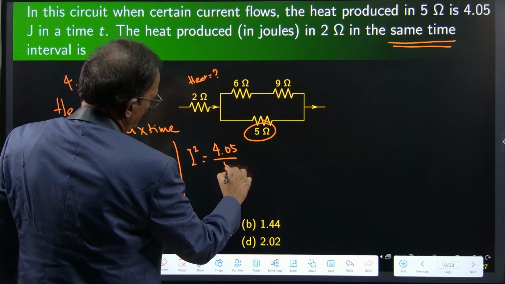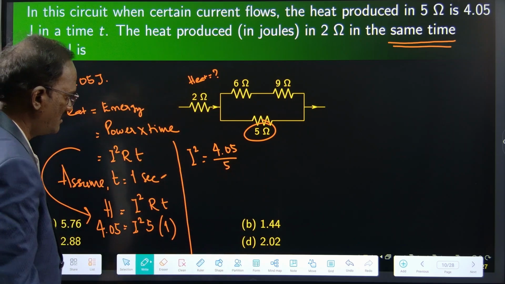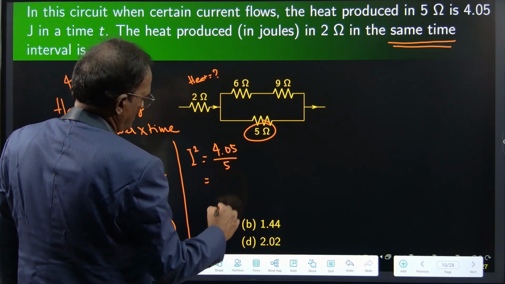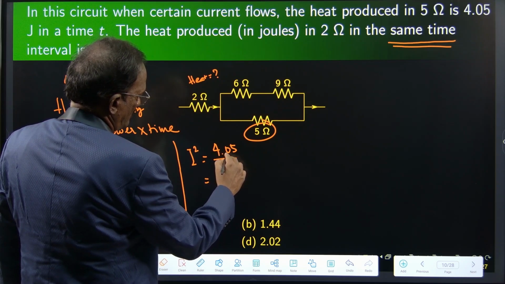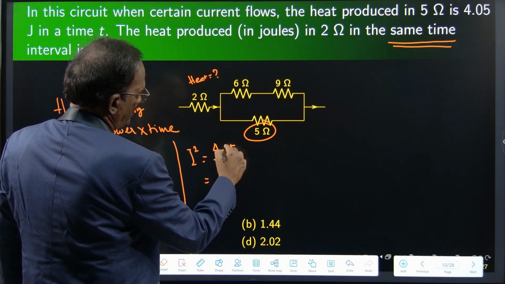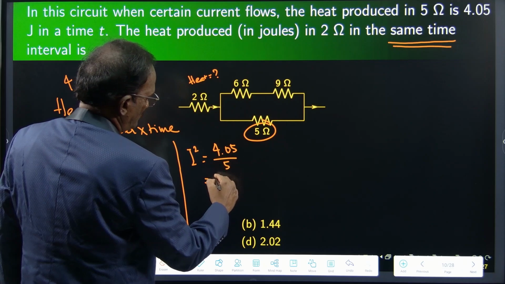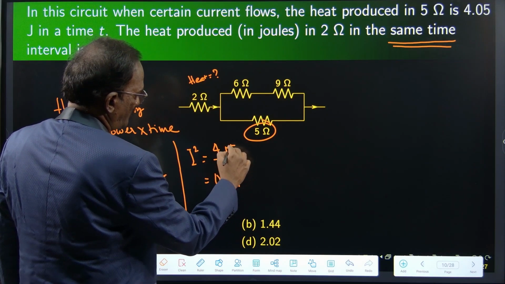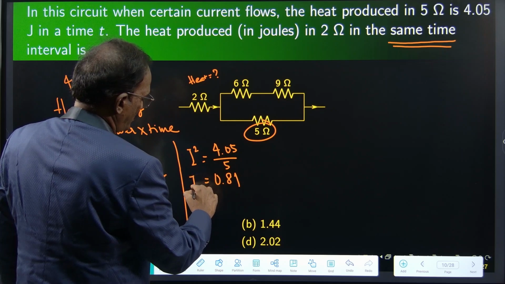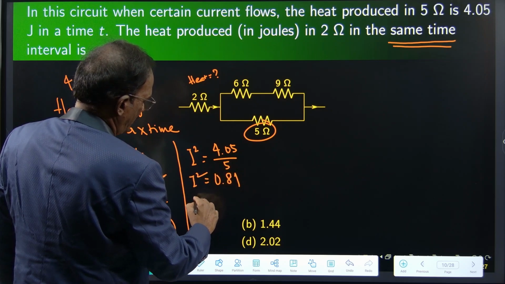4.05 divided by 5. 8 5s are 40 and 1, right? So this will be 0.81. I square is 0.81.